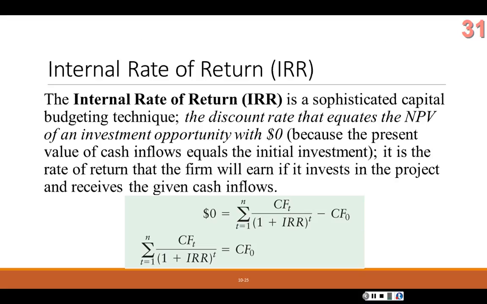Another resource that we have is the internal rate of return. This is also a sophisticated technique, and it's the discount rate that causes the net present value to equal 0. So it's the rate of return a firm will earn if it invests in the project and receives the given cash inflows. The discount rate that causes the net present value to equal 0.